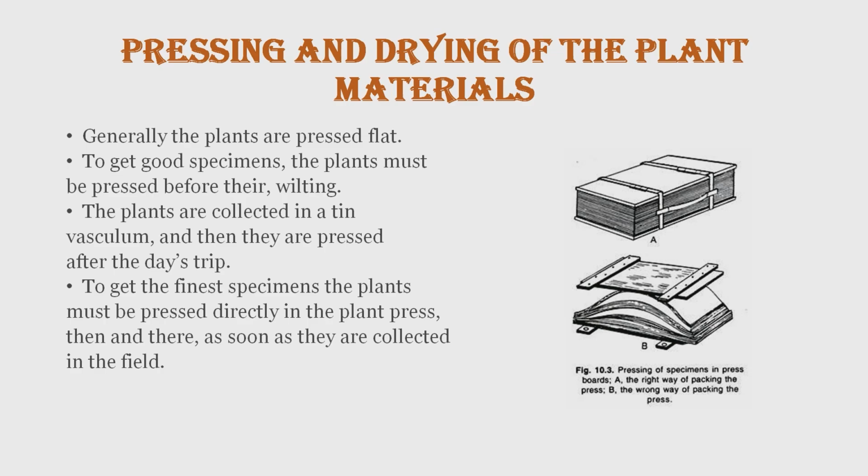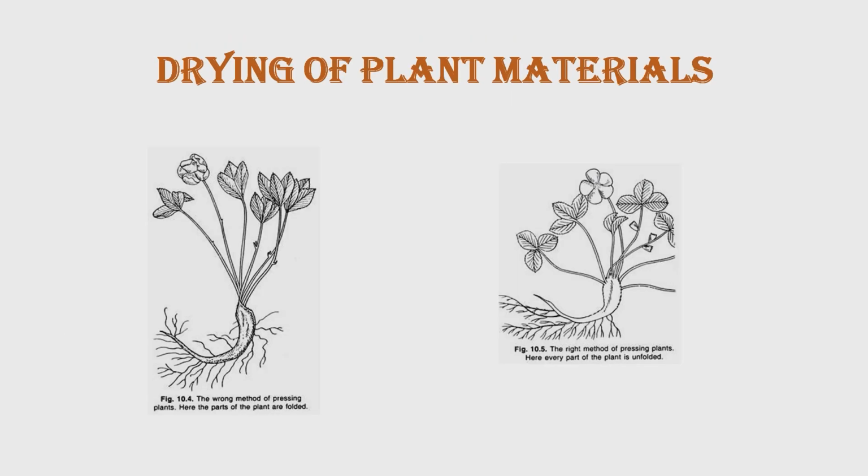To get the finest specimens, the plants must be pressed directly in the plant press then and there as soon as they are collected. Some students have the tendency to collect them in a plastic wrapper and spray water. These practices should be avoided.